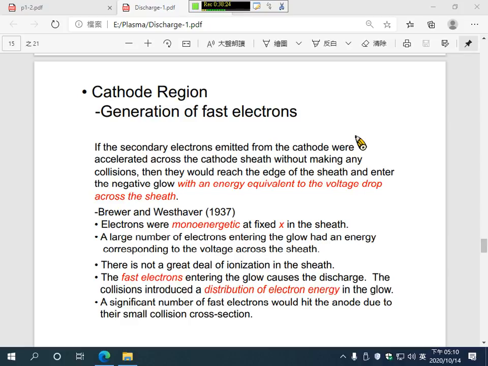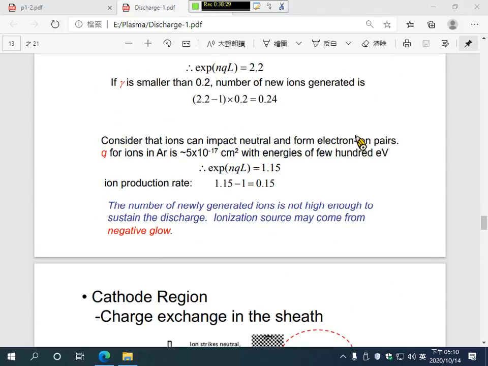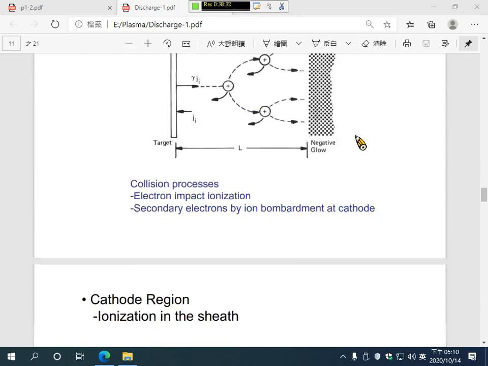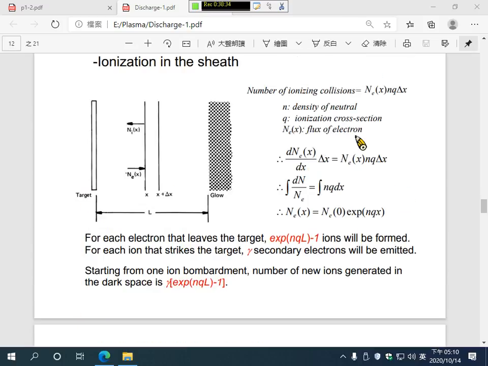So the electrons, when they travel across the cathode layer, there are limited collisional processes, or we can consider there's no collisional process. So the energy of the electron will keep increasing as they travel across this cathode layer region, because the electric field will accelerate electrons.